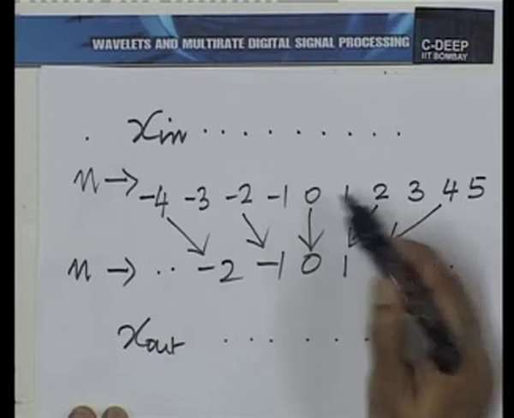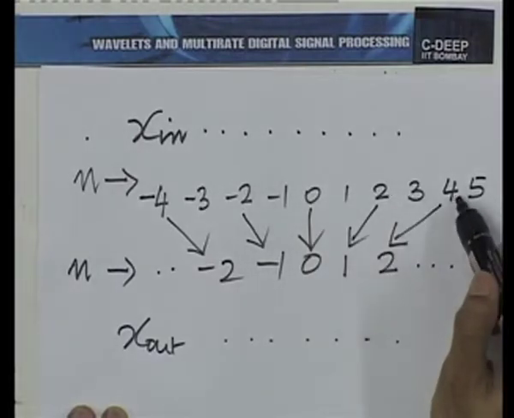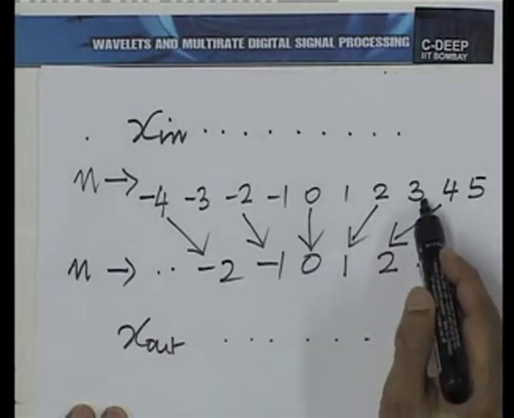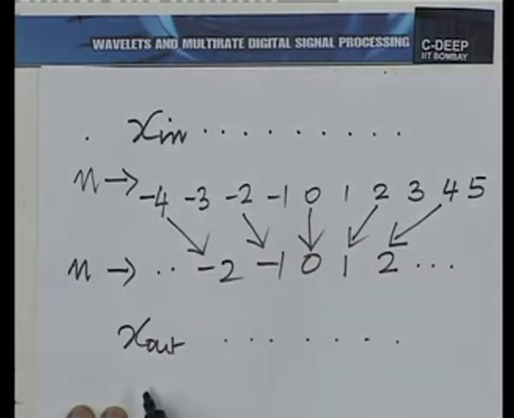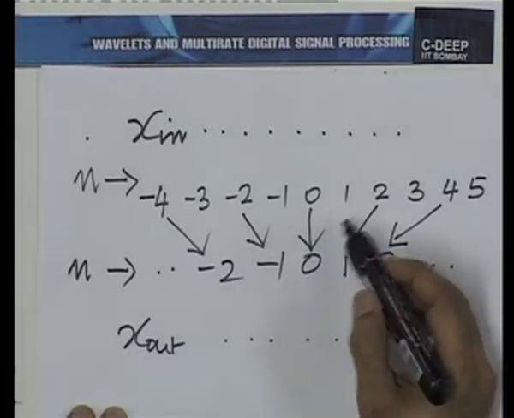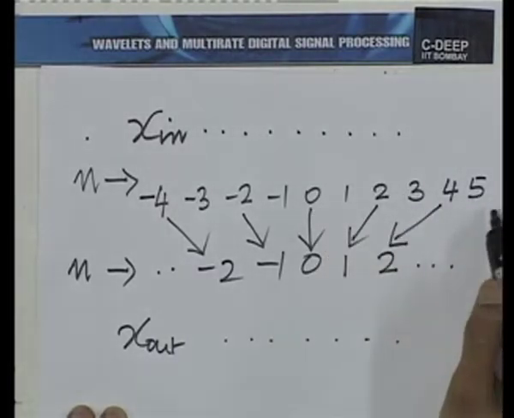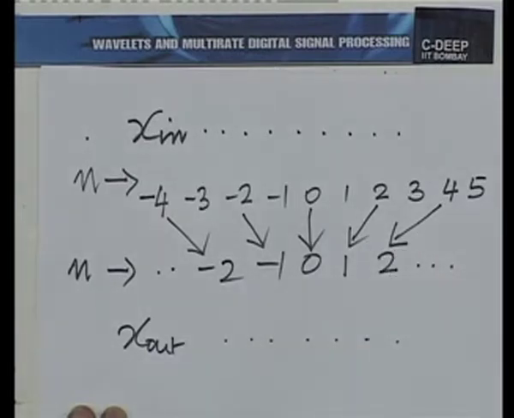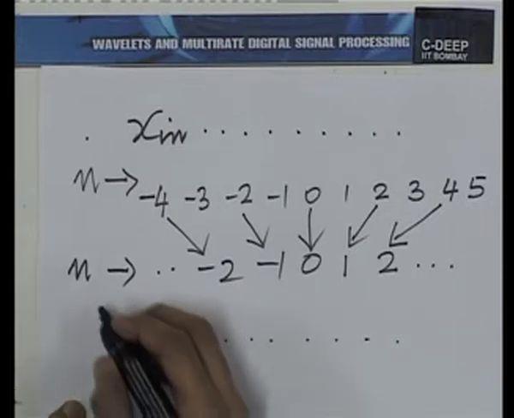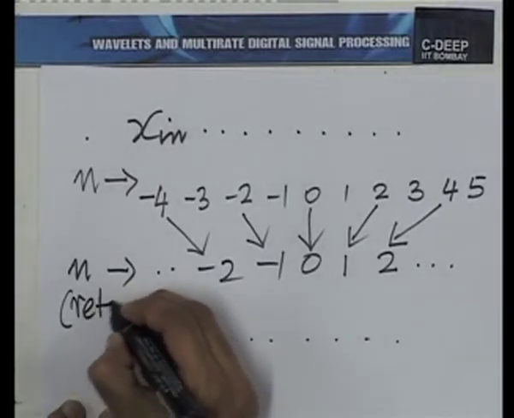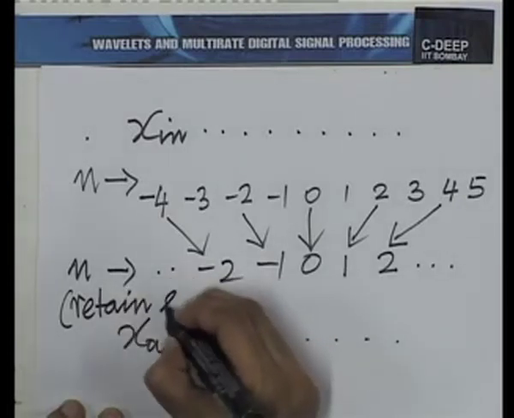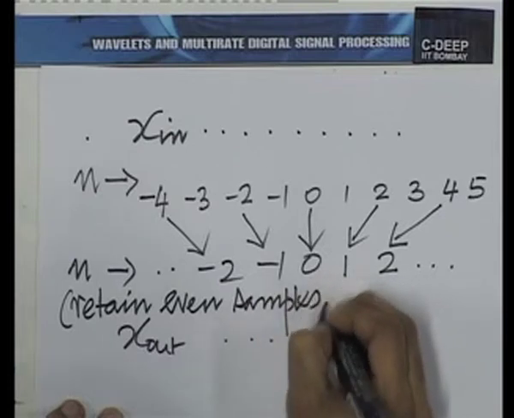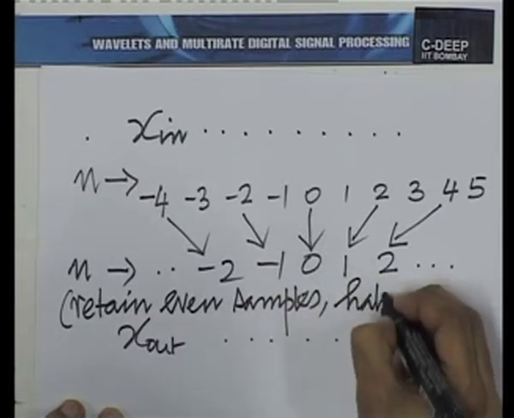You are retaining the samples at the even locations and throwing away the samples at the odd locations. Not only that, after retaining the samples at the even locations, you are putting those samples at half the location number. So, let us summarize this. Retain even samples and halve the location number.